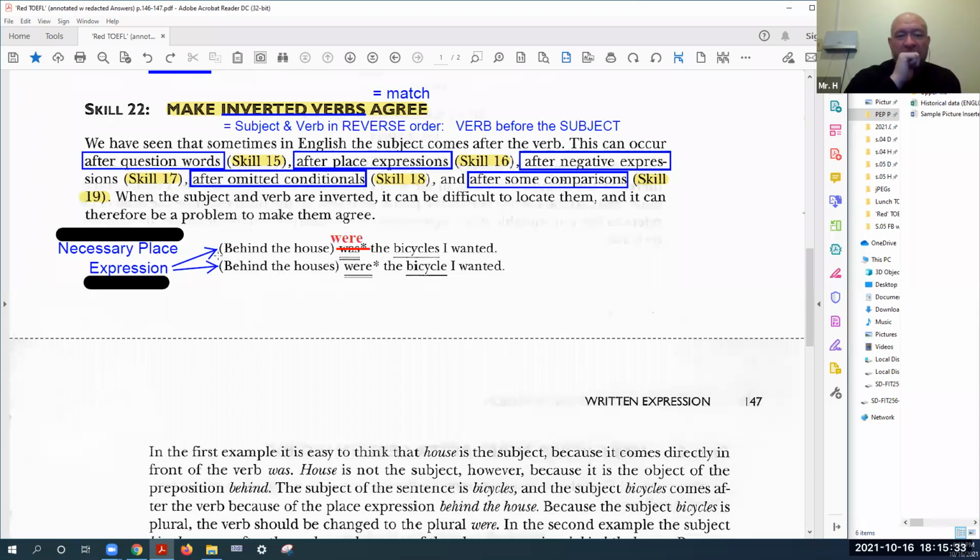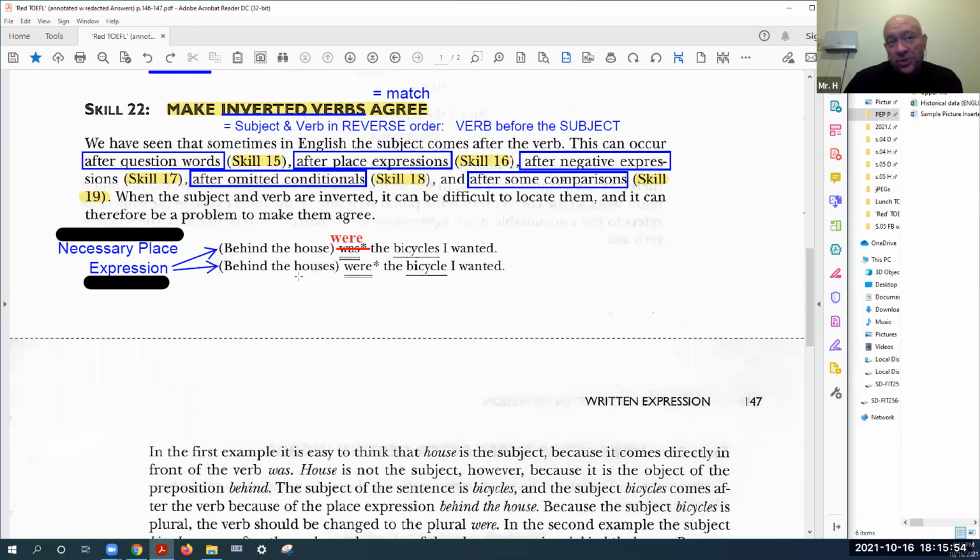Okay. Second example, Rita. Where should be "was." Can you read it first? Because it's singular. "Behind the houses were the bicycle I wanted." Right.